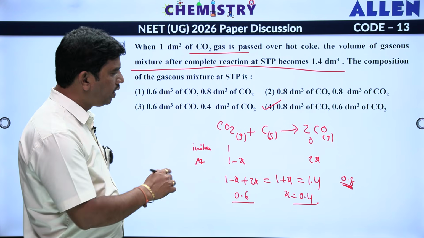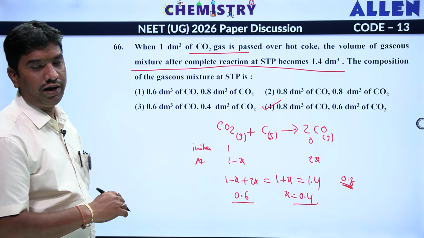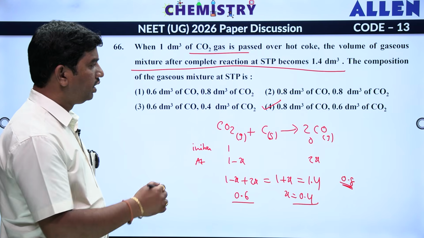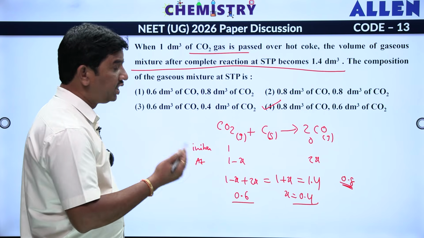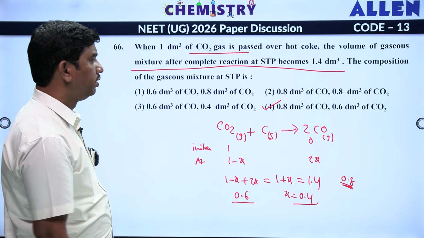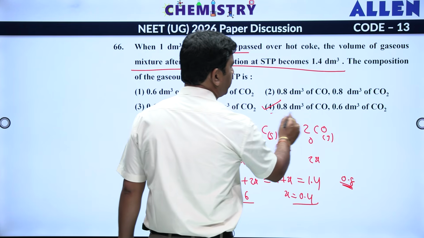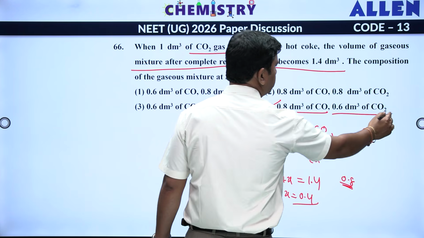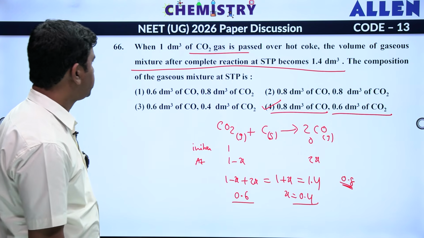They do the calculation correctly, but under tension they choose the wrong one. So 0.8 decimeter cube, that means liters, of CO, and 0.6 is CO2.